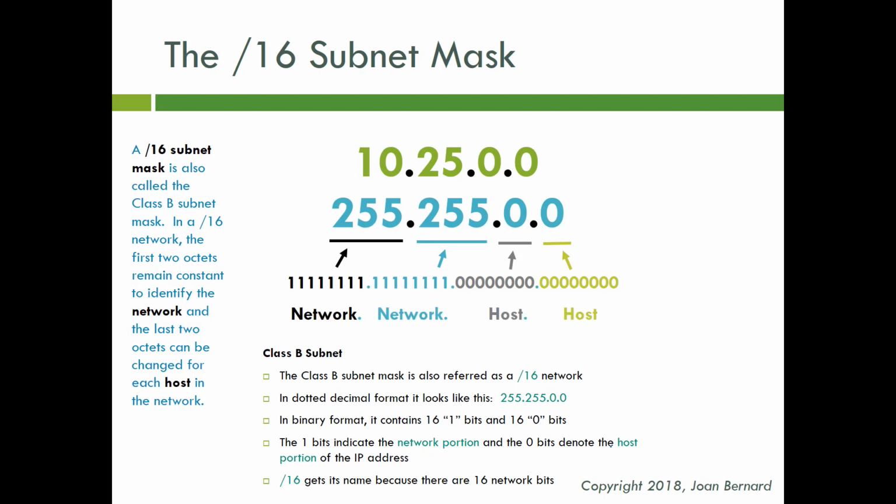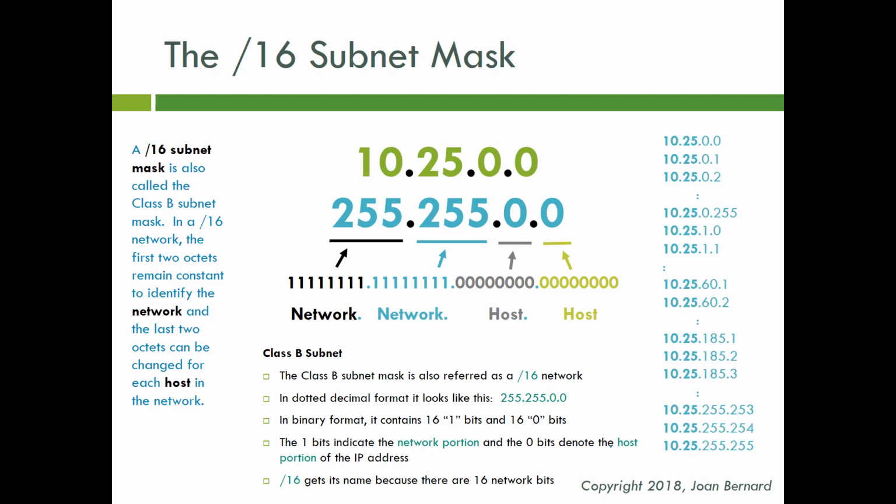Because the first two octets of the subnet mask are all ones, 255 in decimal, every IP address in this network must begin with 10.255. The third and fourth octets can be assigned combinations of the values 0 through 255.